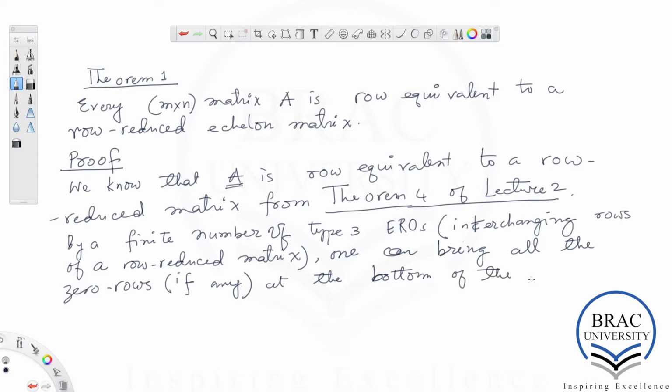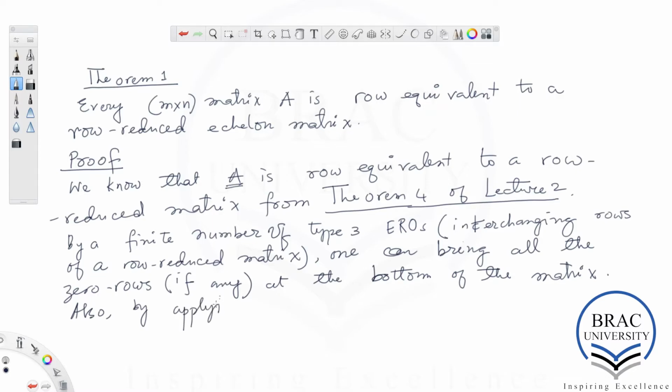Okay. So that way, this matrix is going to satisfy the second property of a row reduced echelon matrix, property B.